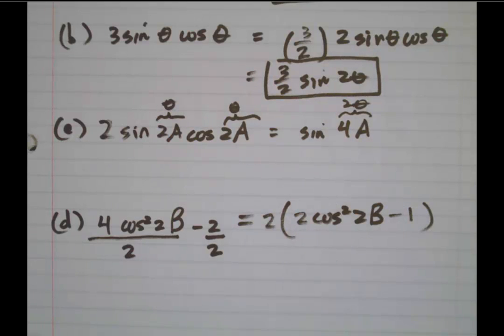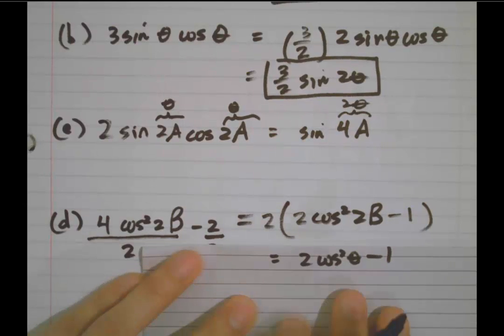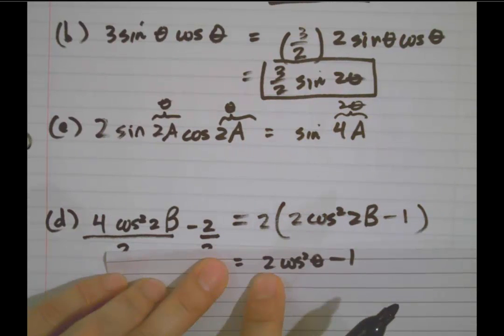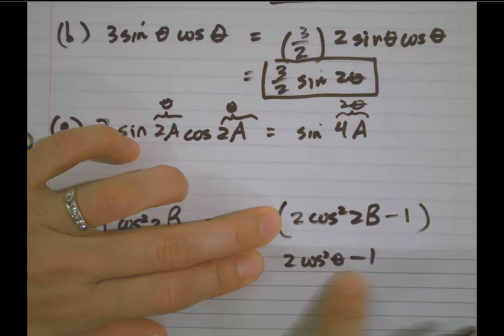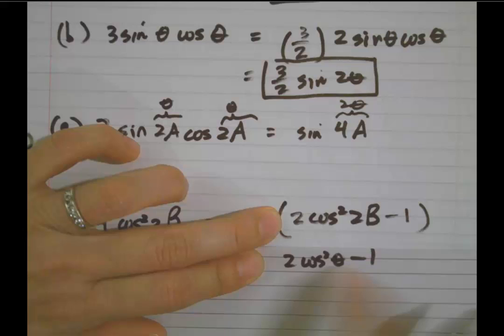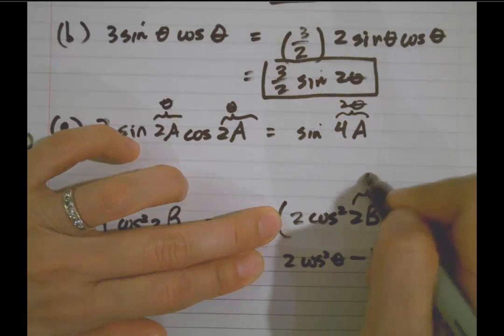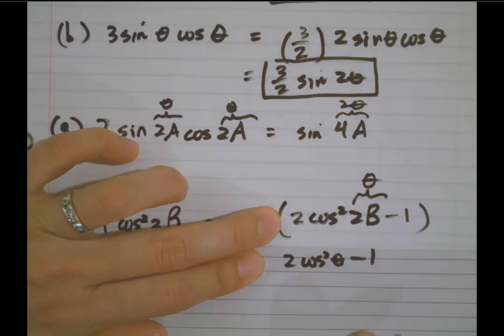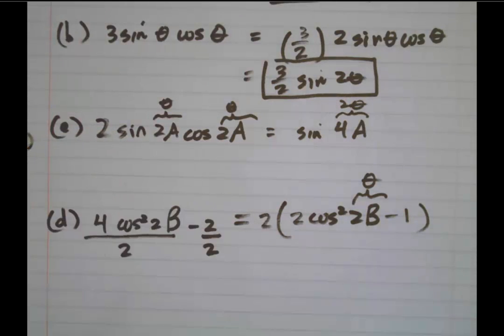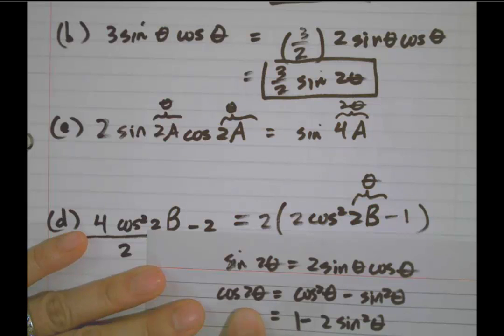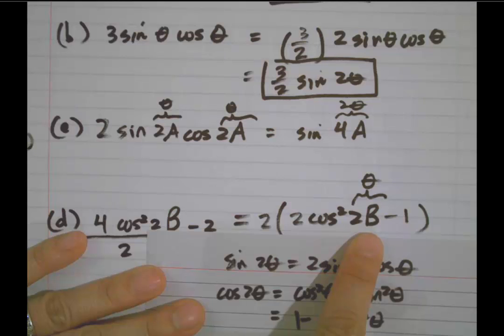Now, what we're going to do is, again, we're going to take a look at the 2, and we'll ignore that. But then we have 2 cosine squared theta minus 1. So in this case, the 2 beta is our theta. Okay? And this is going to be equal to cosine 2 theta. But in this case, our theta is 2 beta. So we multiply 2 beta times 2, and we get 4 beta.